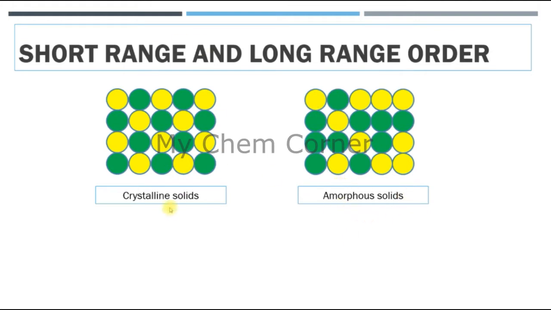So basically, in crystalline solids you will see both short range and long range order, whereas in amorphous solids you will only see short range order. So you're talking about the arrangement of particles in a regular pattern, either over a short range or a long range. That's what short range order and long range order mean in a crystalline or an amorphous solid.